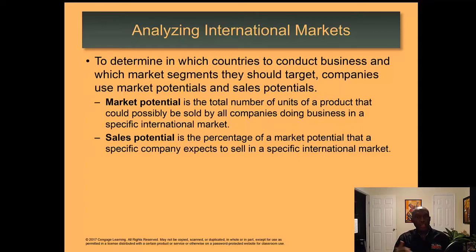And then you also look at sales potential, where you have to make it a little bit more narrow to that market that is going to be interested in purchasing your product. So sales potential is defined in the book as the percentage of a market potential. So it is a percentage of the total that a specific company expects to sell in a specific international market.